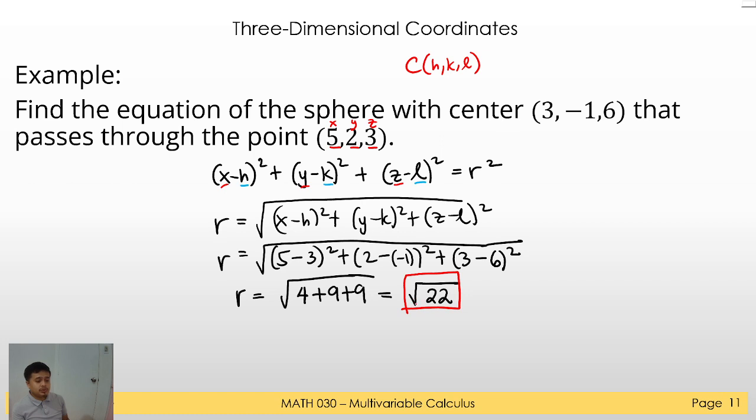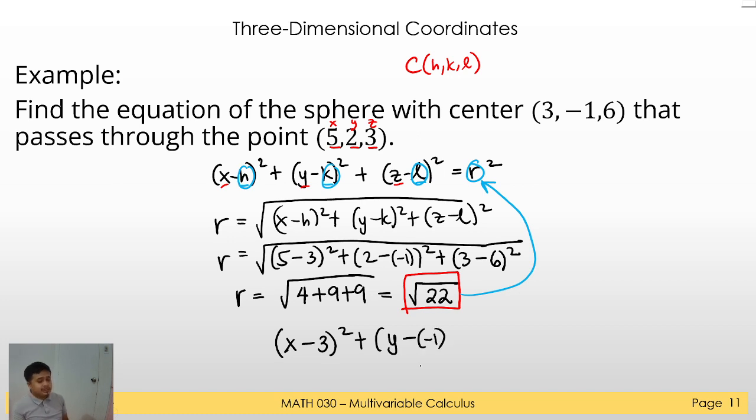No need to solve for the numerical value of this. We can substitute this back to our standard equation. Therefore, the equation of the sphere is, when we substitute this h, k, and l, and then this r, the final answer will be (x - 3)² + (y - (-1))².